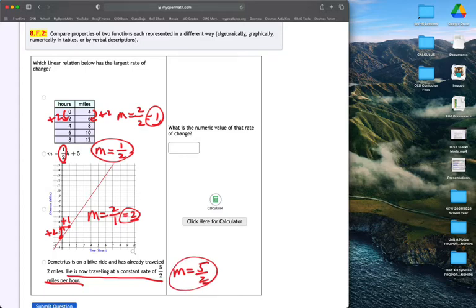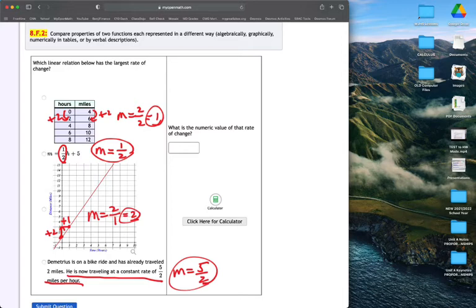Well, the question is, which one is the largest? Well, the table had a rate of change of 1. The equation had a rate of change of 1/2. The graph had a rate of change of 2. And the context has a rate of change of 5/2, which is really 2.5.